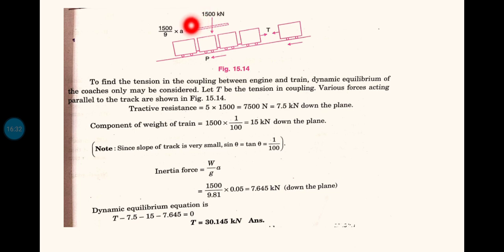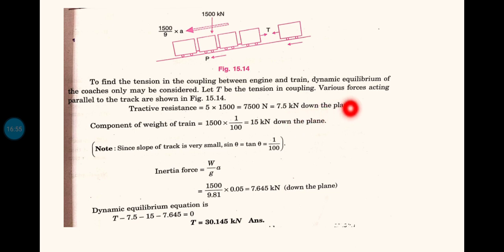If you are solving along this plane, then it is the sin theta component. So 1500 sin theta will be the weight component, and it will act opposite to the motion direction. If theta is very small, sin theta equals tan theta equals 1 by 100. That's why I am directly substituting 1 by 100.